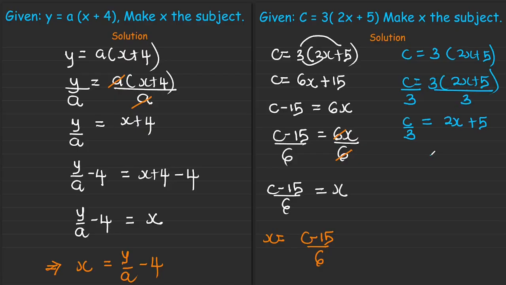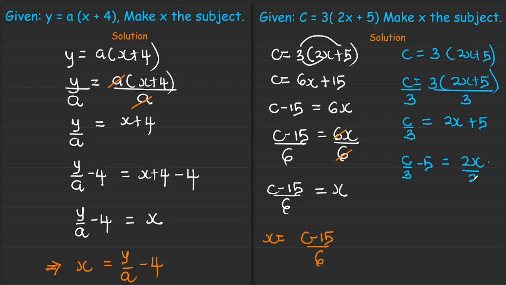So with that, we want to make our x the subject. Hence, we need to move the 5. Moving the 5, we have c over 3 minus 5 is equal to 2x. The next step is to divide both sides by 2, because 2 is the obstacle and it is what is multiplying. That is why we need to divide.